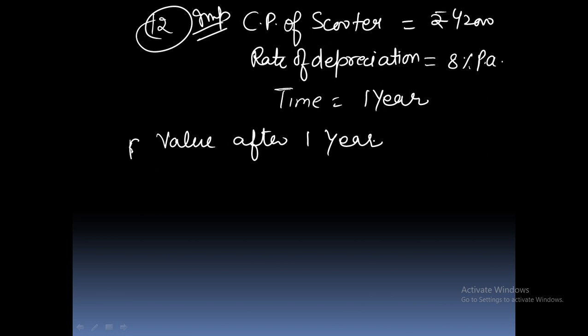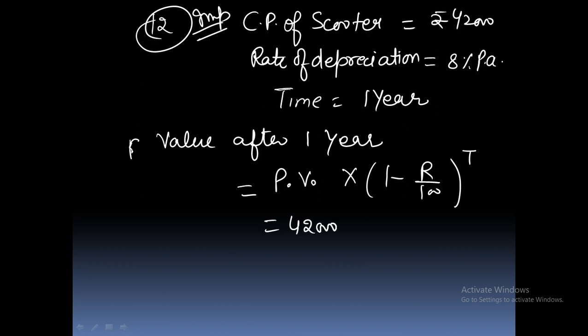For calculating its value after 1 year, we will use this formula: present value multiply 1 minus rate of interest power time. Present value is 42,000. Multiply 1 minus, why do we do this? Why minus? The reason is that depreciation means reducing the value of the thing. So that's why minus 8 by 100.